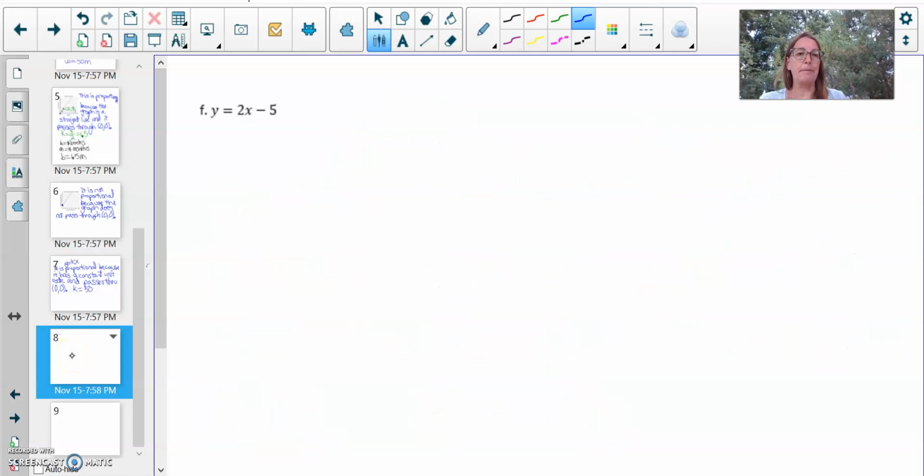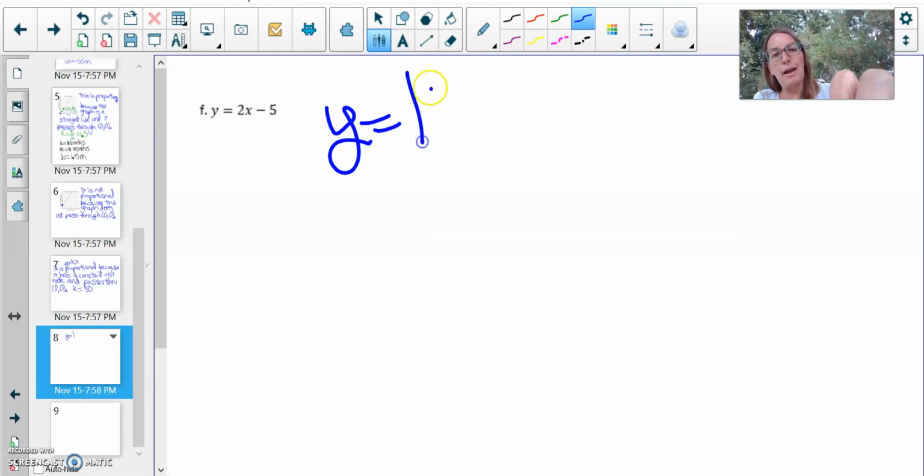Our last example, y equals 2x minus 5. So when I look to see, can I write it in the form y equals a constant of proportionality times x? In this case, the problem is that minus 5 in the equation.